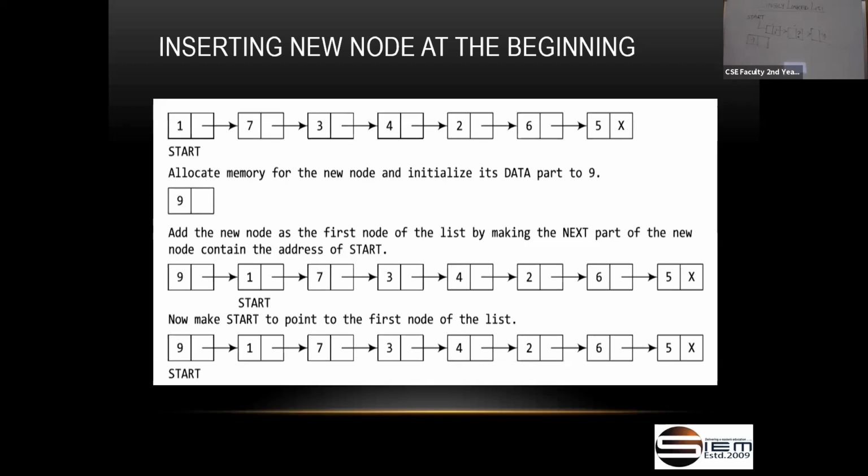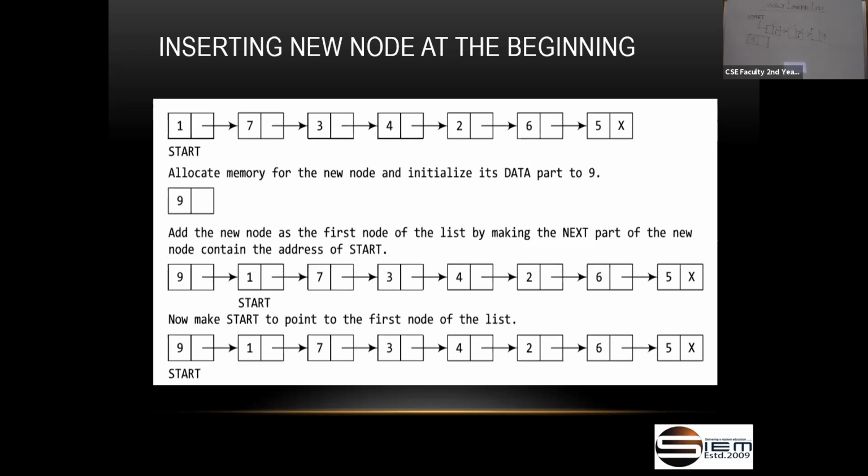So there will be two joinings. This node will be joined with this one because it has to come here, and this node has to join with start also. So which one will be done first?